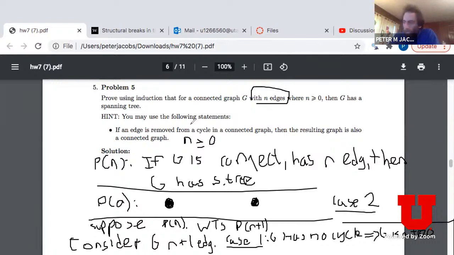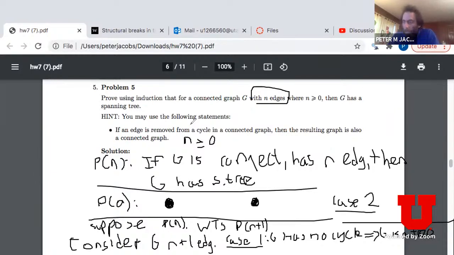So again, just to summarize case 2, we had a graph G that had n plus 1 edges. We wanted to show that it had a spanning tree. We removed one of the edges in the cycle. Our assumption was that it had a cycle in case 2. That created a new graph G prime that had n edges instead of n plus 1. We used the hint, and that told us that this graph is still connected.